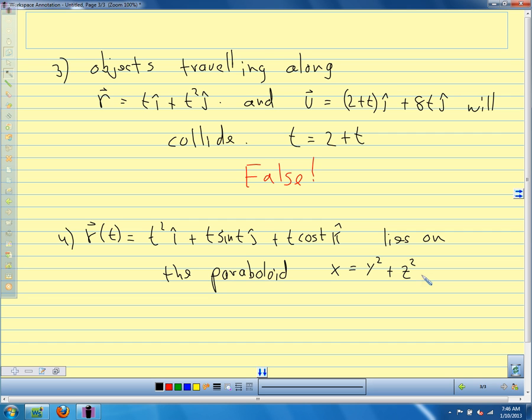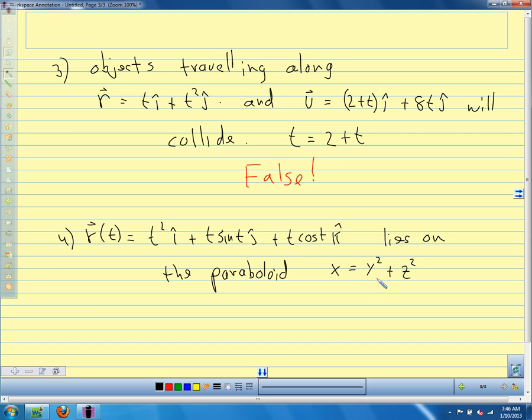So what this is asking, like the spiral motions that we talked about where the curve described by the vector valued function was on the cylinder, is: does the curve described by this vector valued function lie on this paraboloid?